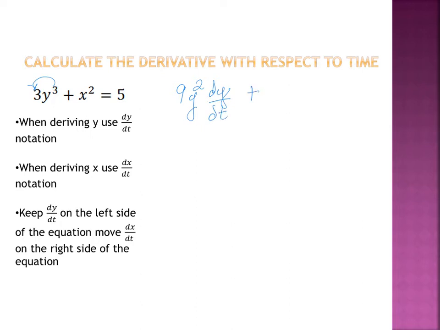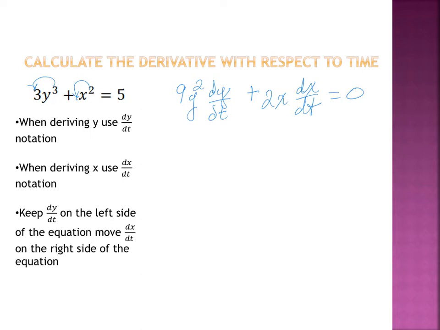Plus, again, the power rule, the 2 drops in front of the x, and I get 2 times x to the first power, the change in x over the change in time. And then the constant 5 derives to 0. So that's deriving both y and x with respect to time.